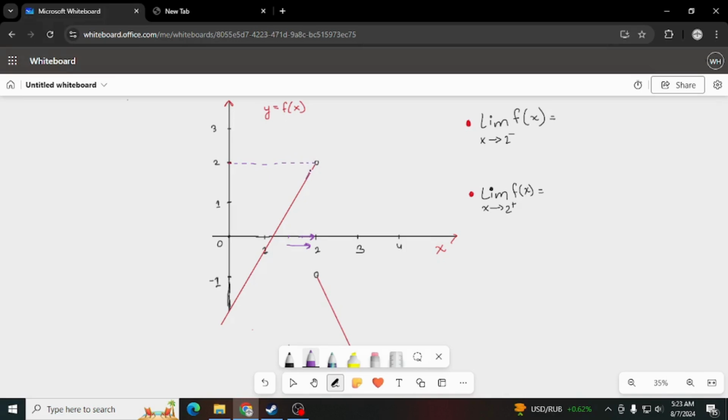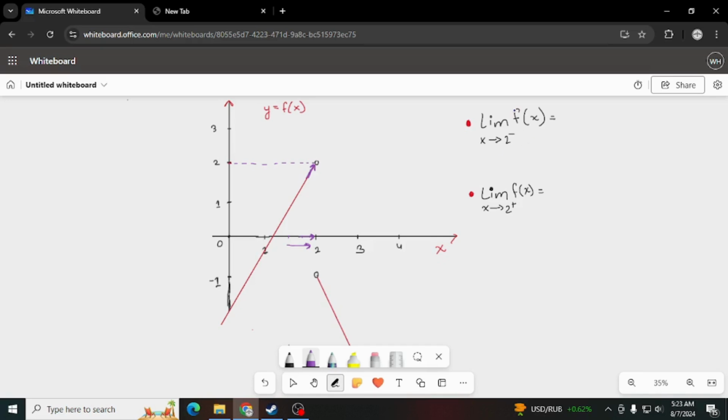At this point f of 2 does not exist, but the limit does exist, and it approaches 2 from values less than 2.